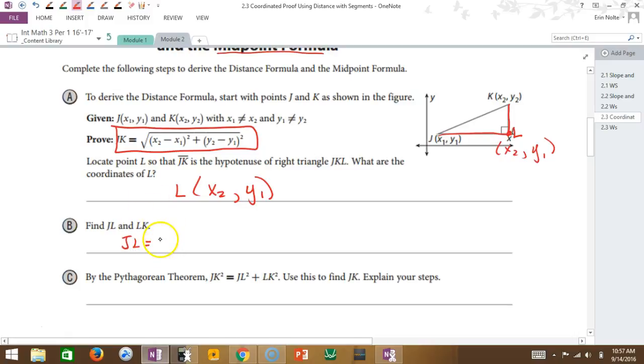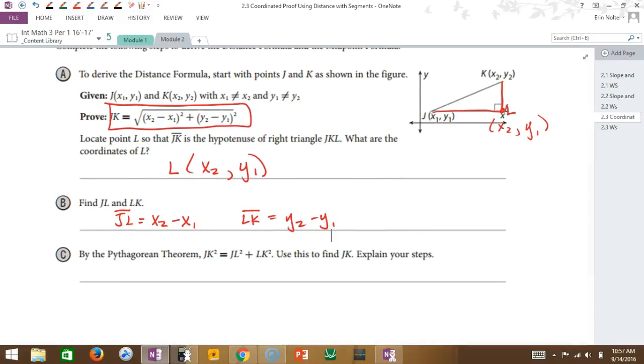Okay, so that would just be x2 minus x1, and that would give me the length of the JL. Okay, to find the LK, so that's this height, I'm just going to find the change in the y distance. So that's going to be y2 minus y1. Okay, which hopefully should kind of look familiar to you.